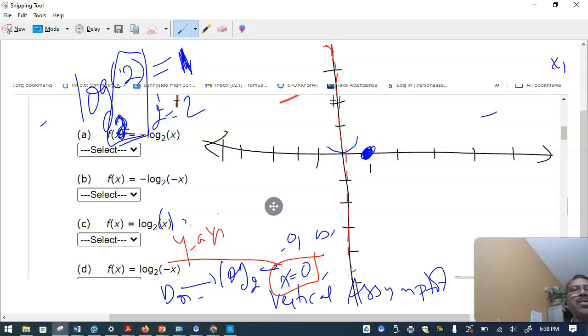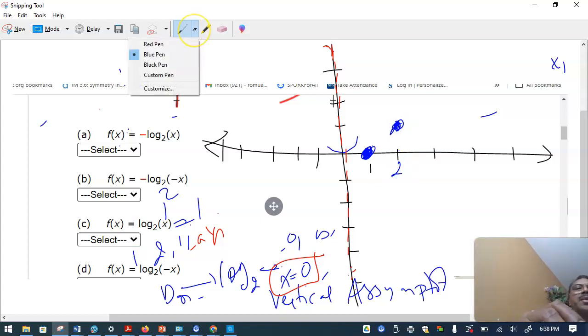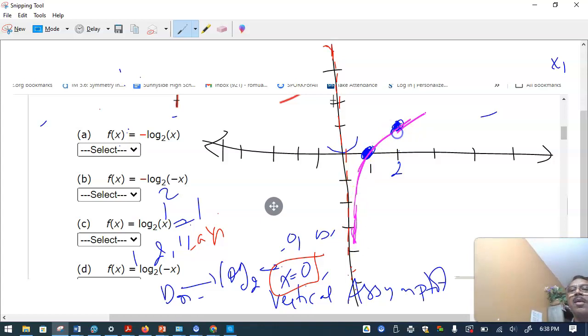So x has to be 2. So it is the point 2 comma 1. So this is also one of the points. So the graph of this will be like this. It has to go like this. This is the graph of the logarithmic function log x.